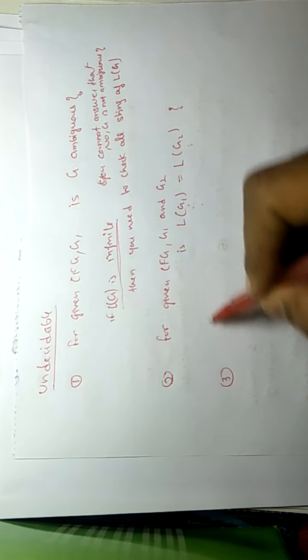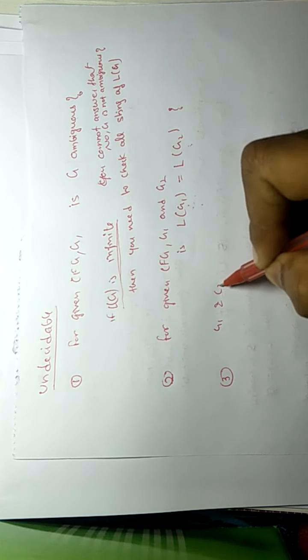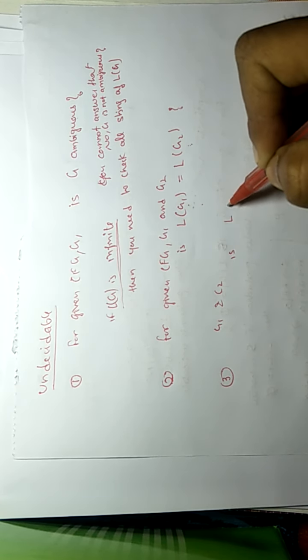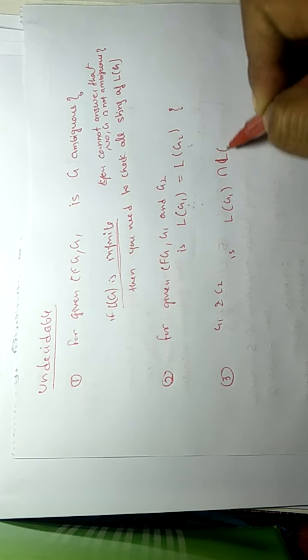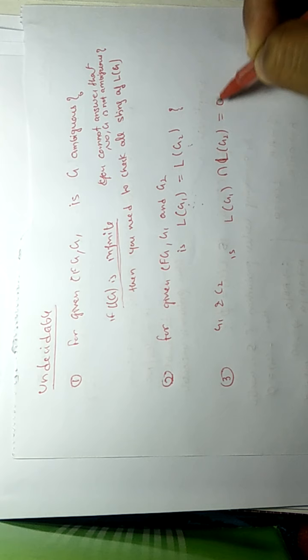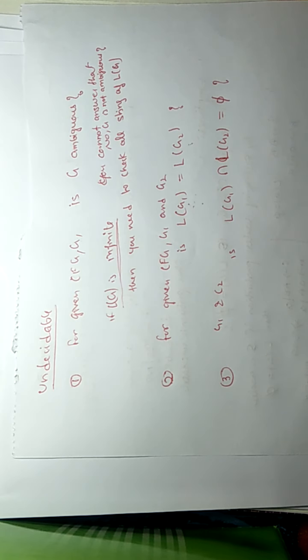Similarly, for given grammars G1 and G2, is L(G1) intersection L(G2) empty? This is also undecidable because you have to check all strings in this case, and for an infinite language you cannot check all strings.